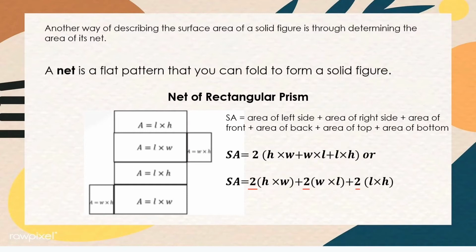So, to shorten it and make it easier to solve, we combine the two. So, the height times width times 2. Then, the front and the back also have the same measurement. That's why we have width times length. And also the third one, the length times height, because the top and the bottom have the same measurement.